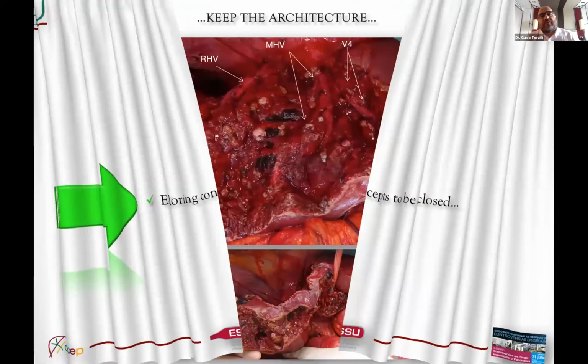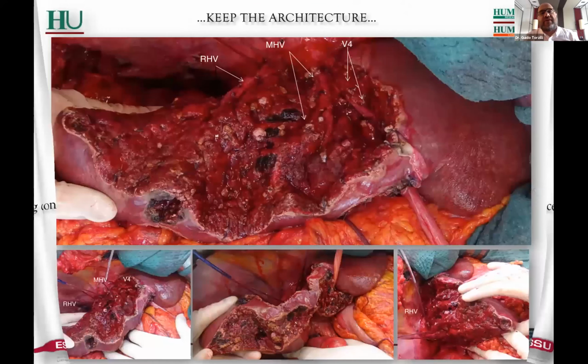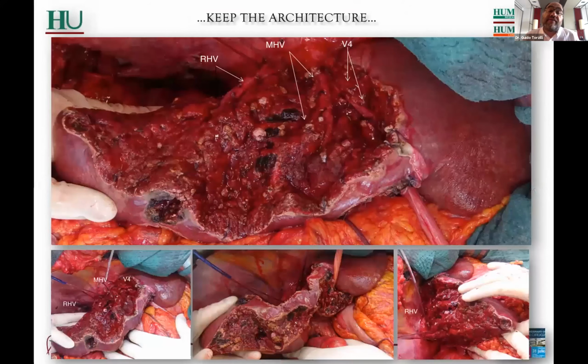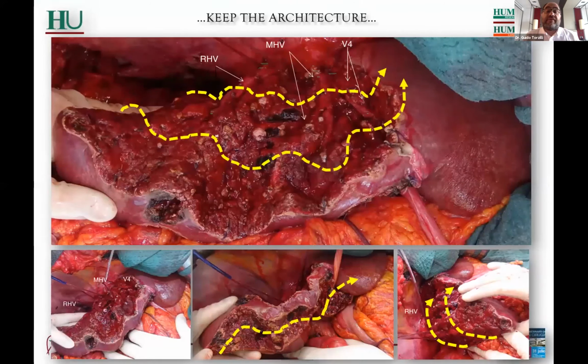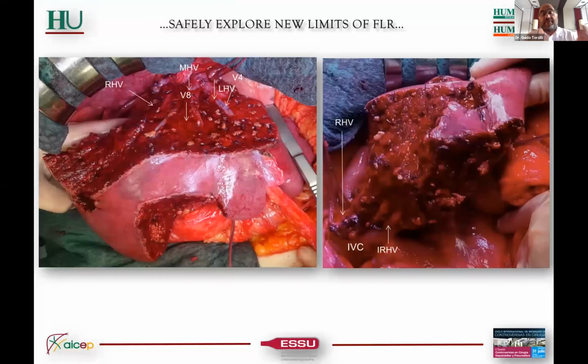We are trying to keep just the core of the liver, touching every part with the major vessels, to enhance our capability to remove all the disease in a single operation, and probably exploring new limits of the future liver remnant, like in this condition in which we did this dissection.